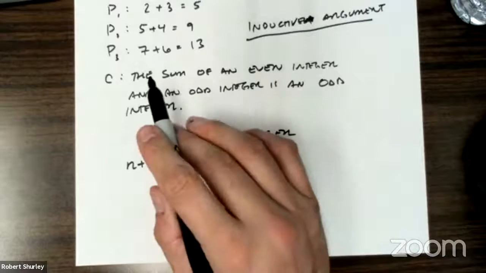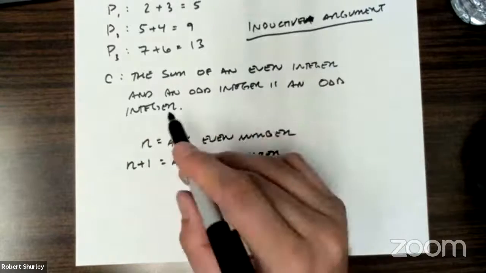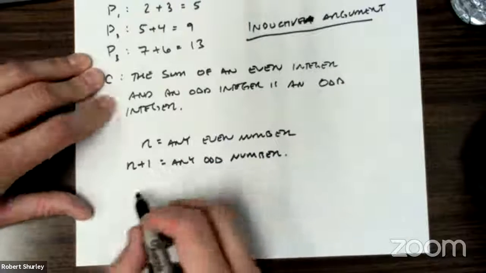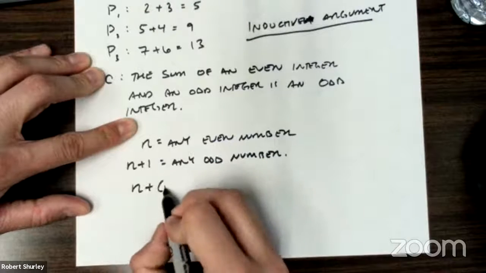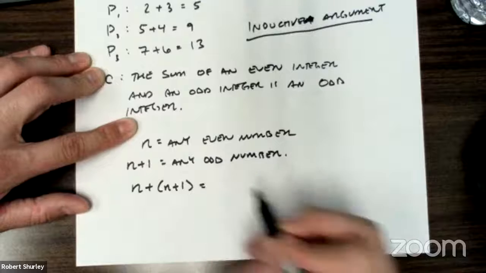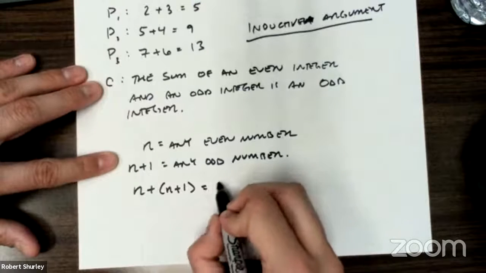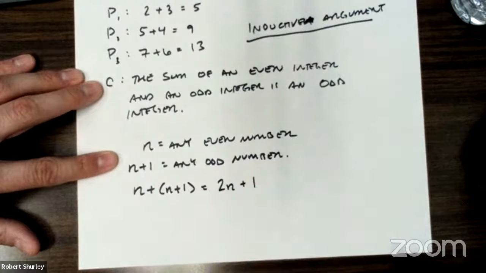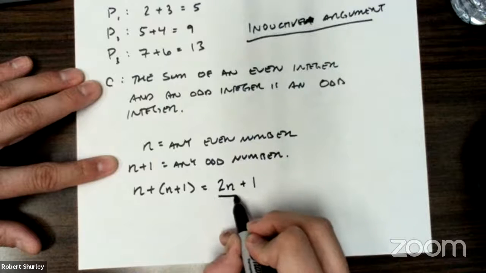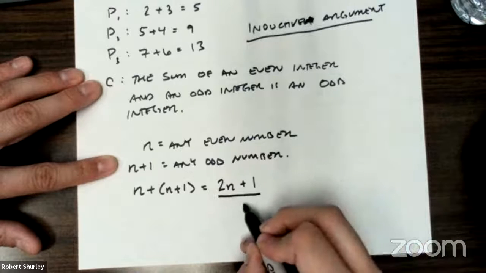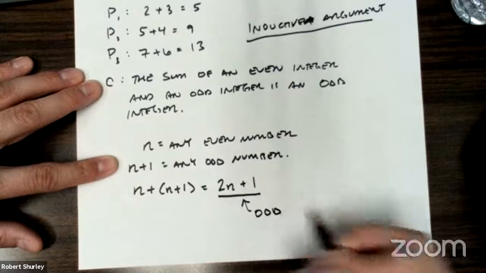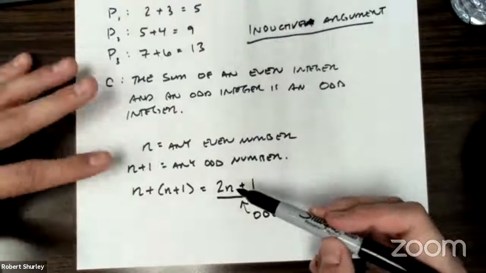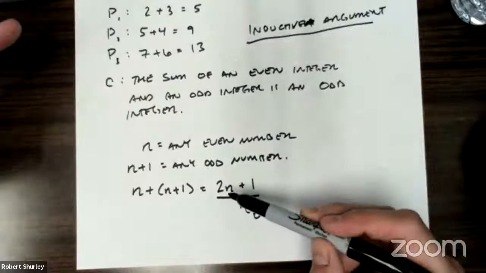So now it's saying the sum of any even and odd is also going to be an odd. So if we add these together, n plus n plus 1, we wind up with 2n plus 1, right? Well, I'm going to tell you this is also an odd number. 2 times any number is going to be even, right?